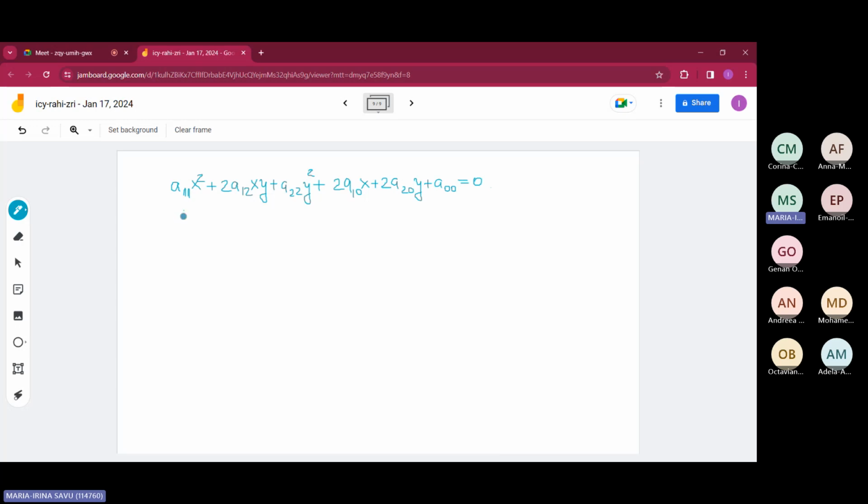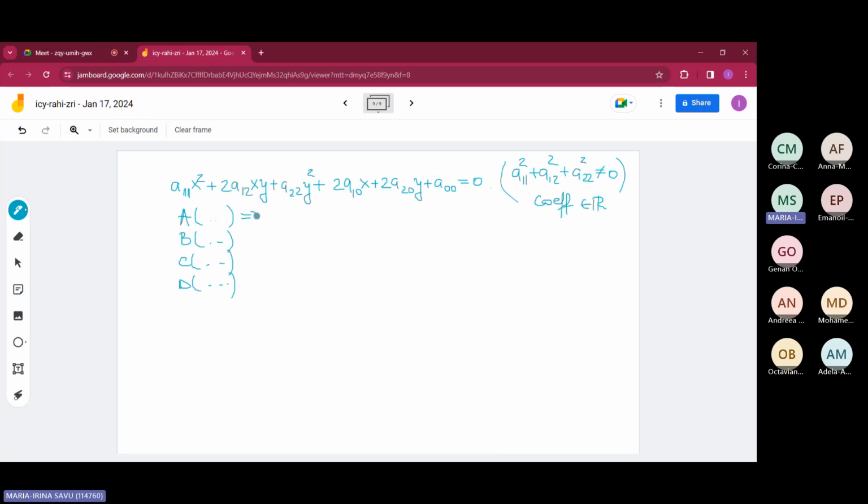And we have to replace A, B, C, and D in this equation to see if we can obtain these coefficients. But we must pay attention to the fact that a11 squared plus a12 squared plus a22 squared must be different from 0. And all the coefficients are real.